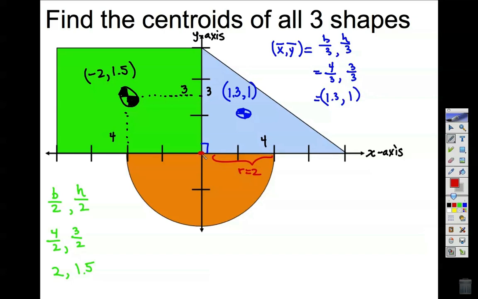Right, so this center part right here is not going to end up matching what we had earlier with centroids, at r comma 4 pi over 2.